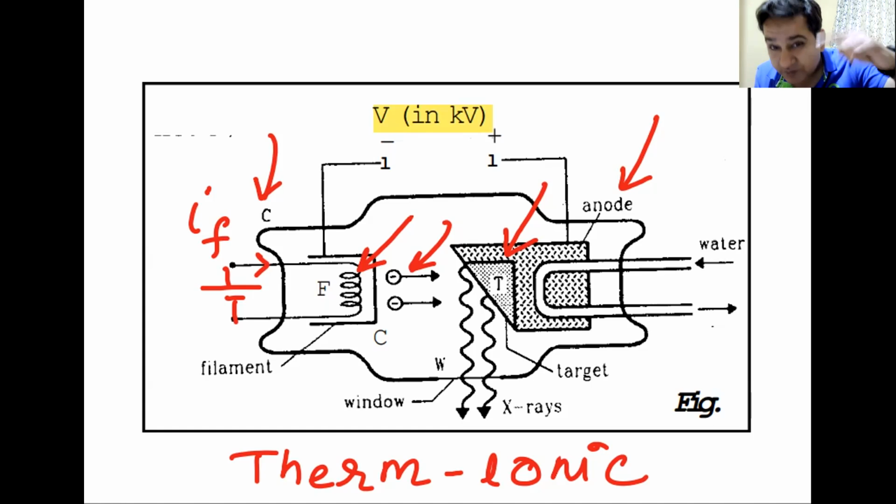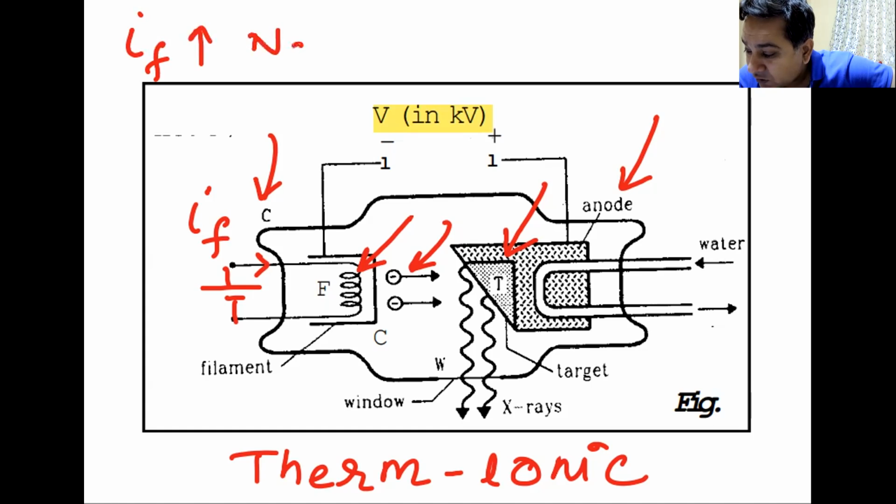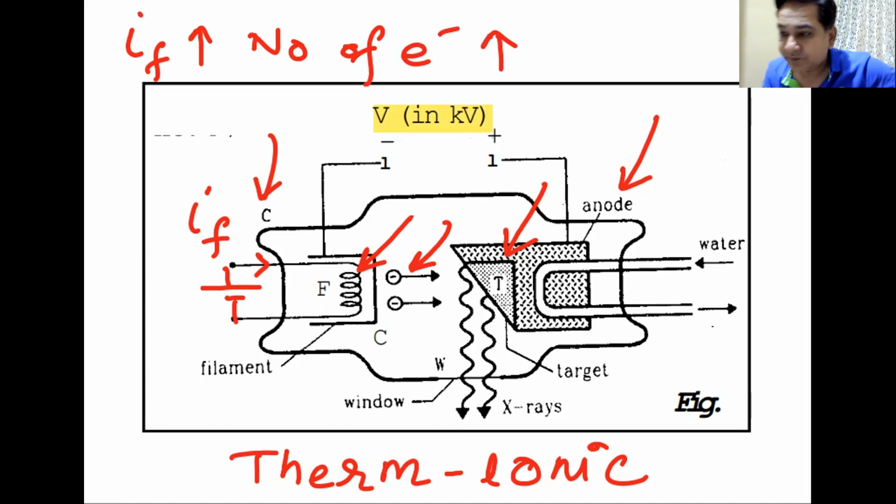This is what you need to remember about this. When the filament current IF increases, the number of electrons increases. Do we understand this? Yes or no? Yes, sir.